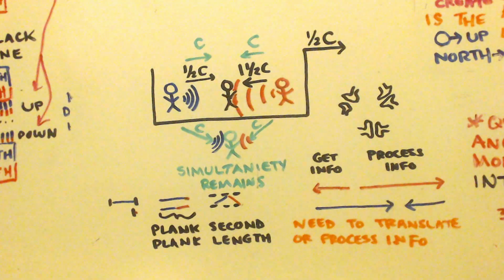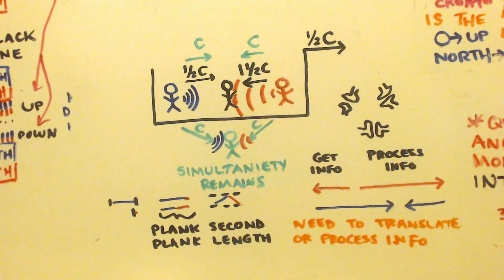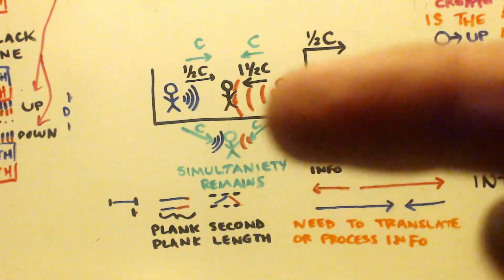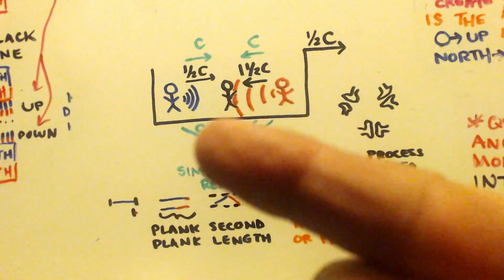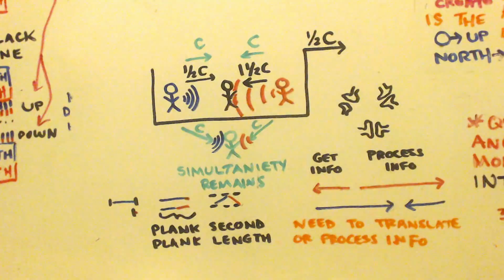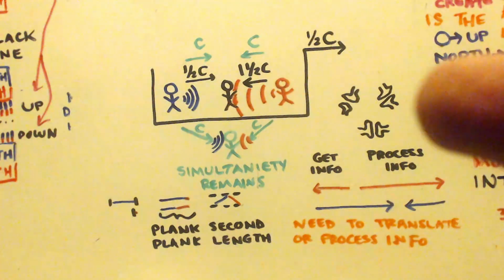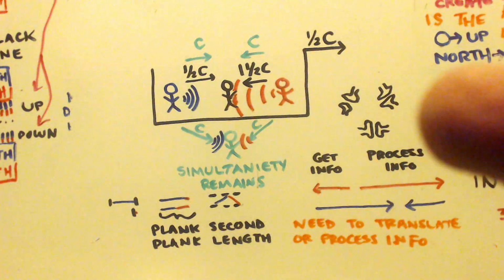Yeah, the red man's light gets to the black man first, but the time it takes to process the information, even if he was a detector instead of a person, the time would offset, and it would be the same as for the blue man. He's going to see the blue man's light come later, but it takes time to process, because you need back and forth communication between all your synapses, right?